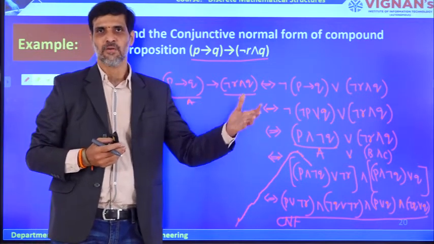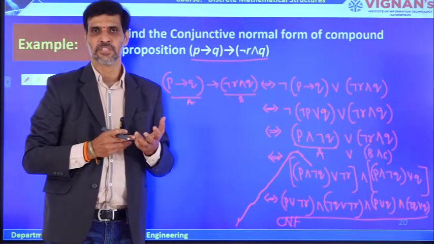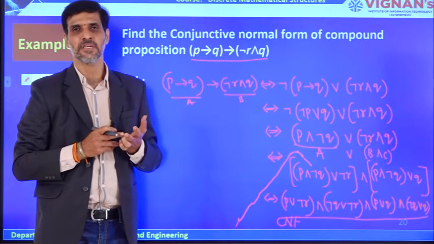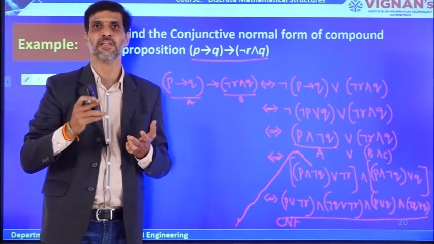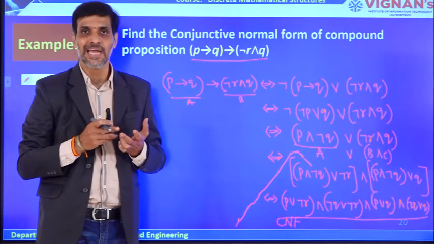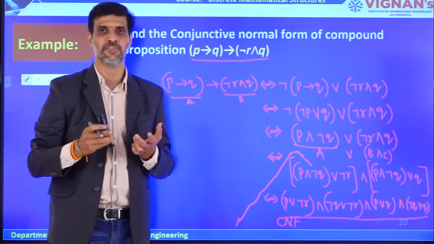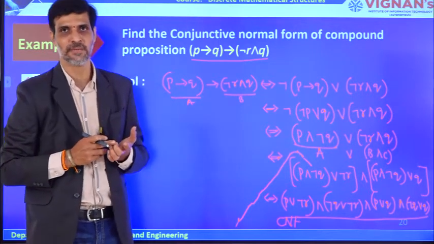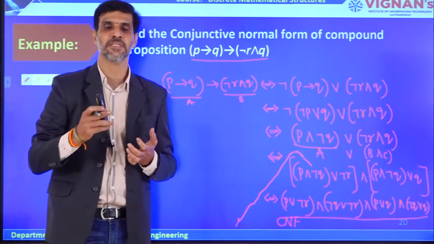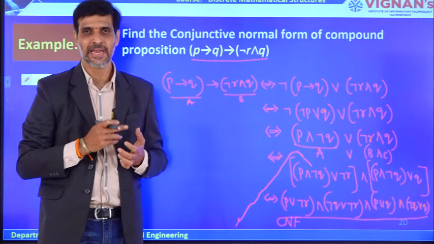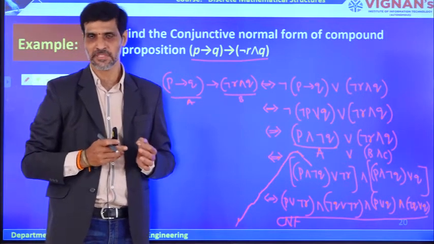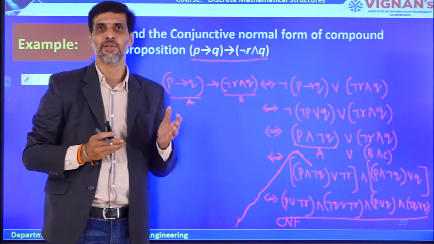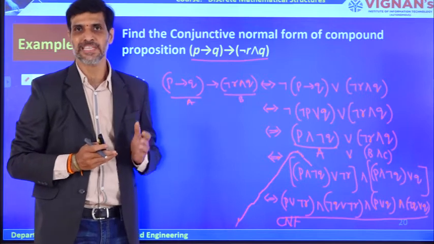In the truth table method, first you construct the truth table for the given compound proposition and identify the assignments of propositional variables for which this compound proposition will be false, and take the min-terms of such assignments, and then take the disjunction of these min-terms, and finally take the complement of the entire formula. You will get it in the form of CNF.